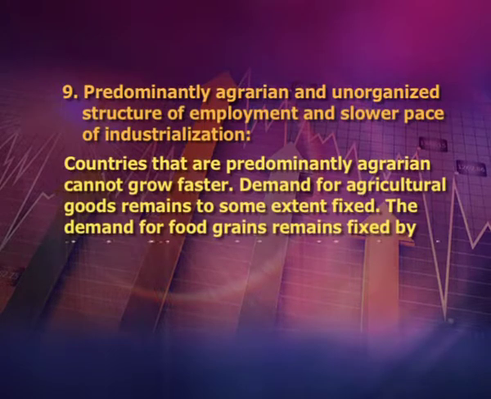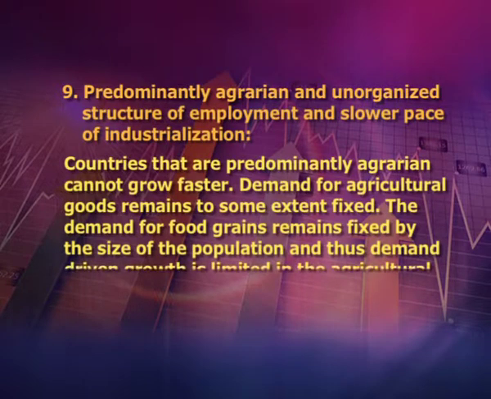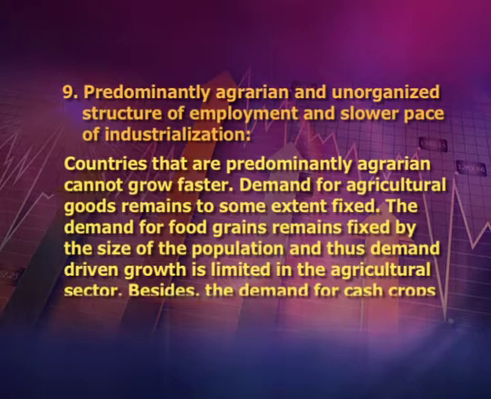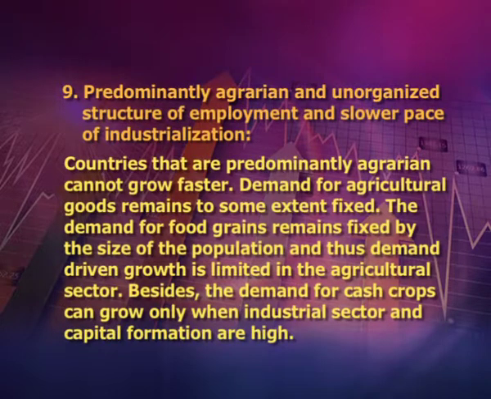The demand for food grains remains fixed by the size of the population, and thus demand driven growth is limited in the agricultural sector. Besides, the demand for cash crops can grow only when the industrial sector grows and capital formation is high. When the industrial sector is smaller, more people are dependent on the agricultural sector.